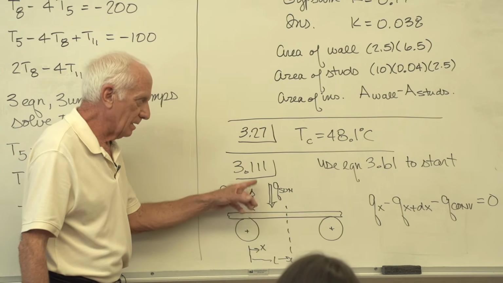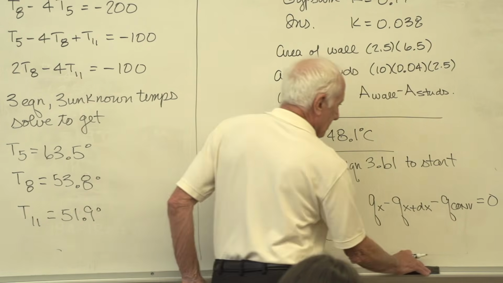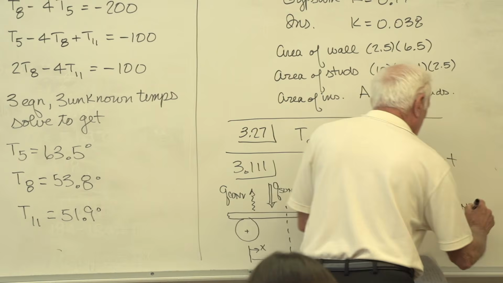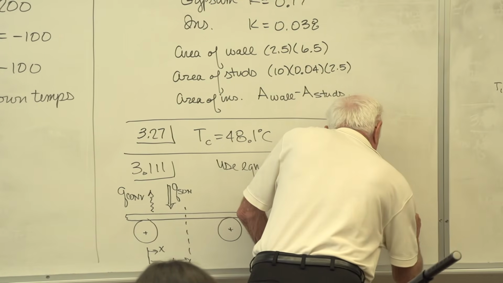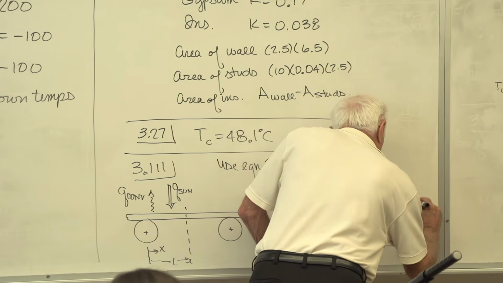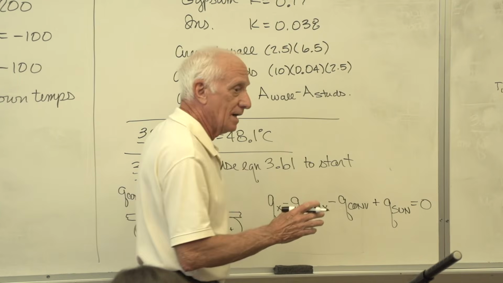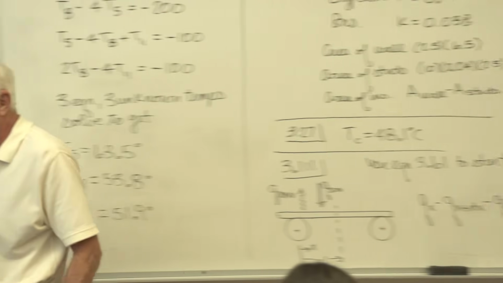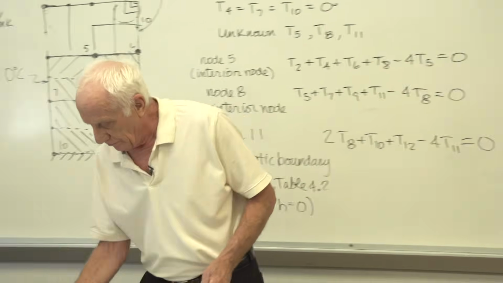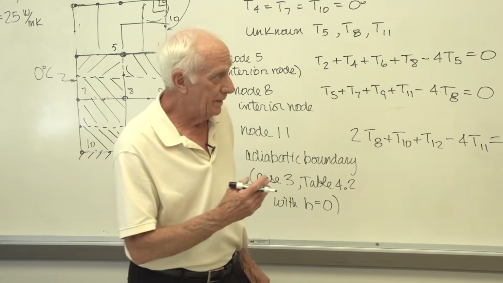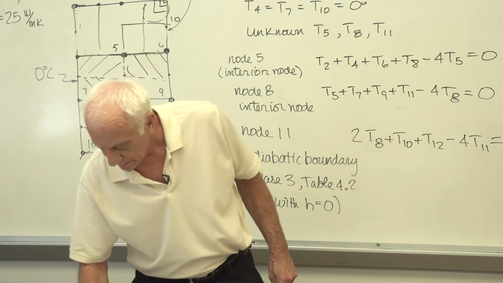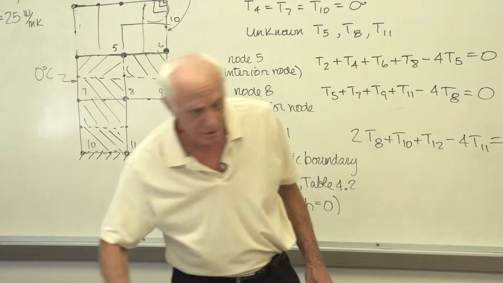Coming in means positive, so this becomes plus Q sun equals 0. That's a constant. Q sun's given as a constant. You then follow what I did in class or in the textbook on that page until you end up with an equation similar to 3.66.